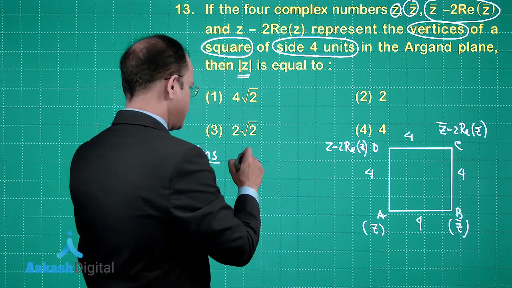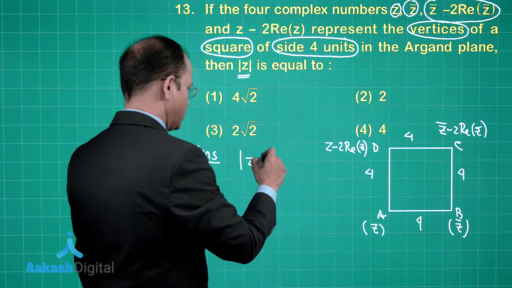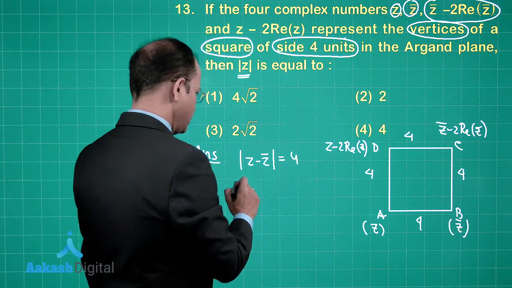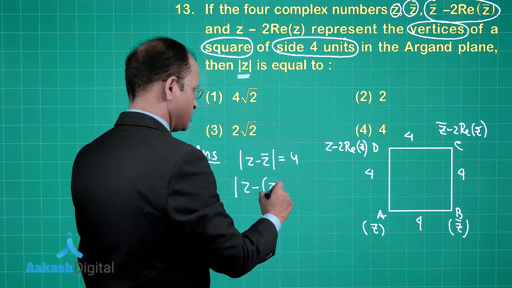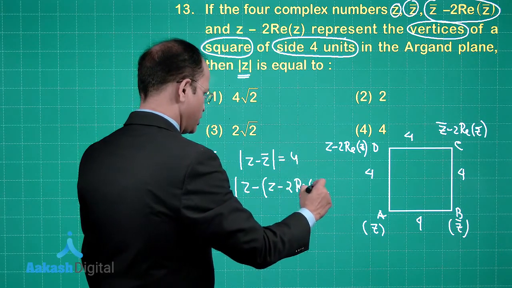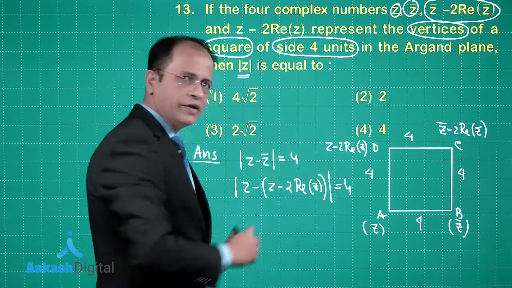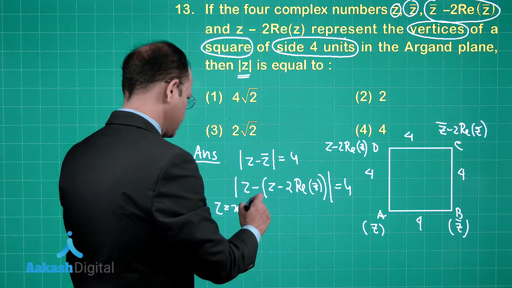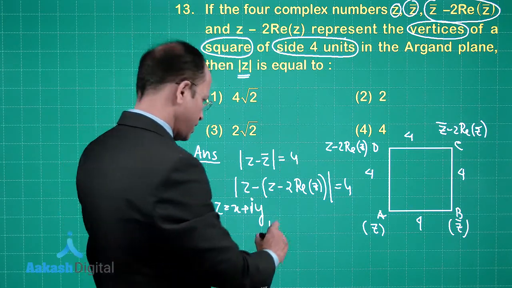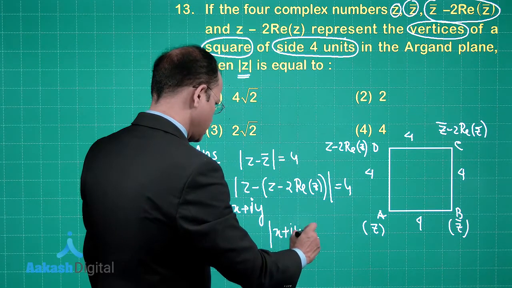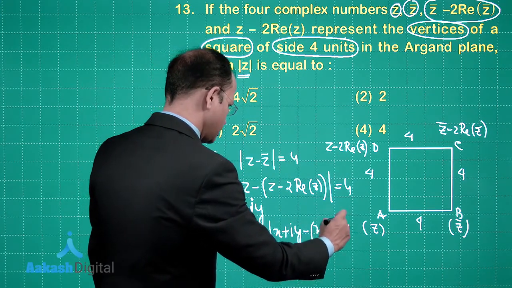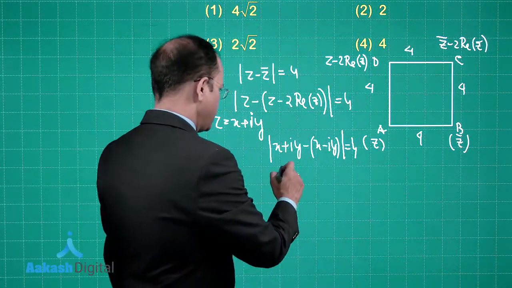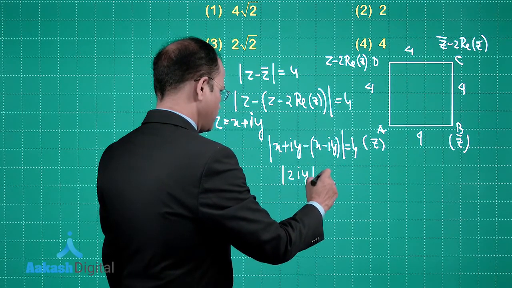So if I take z minus z bar, this is going to be 4, and also z minus (z minus twice the real part of z) is 4. If z is equal to x plus iota y, then x plus iota y minus (x minus iota y) is equal to 4, and this is twice iota y, which is equal to 4.